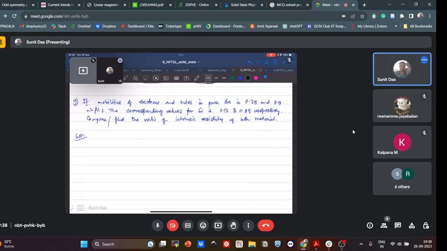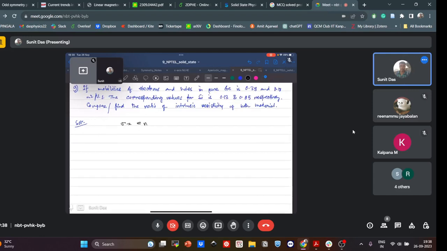Okay, so sigma is given as e into n into (mu n plus mu p).